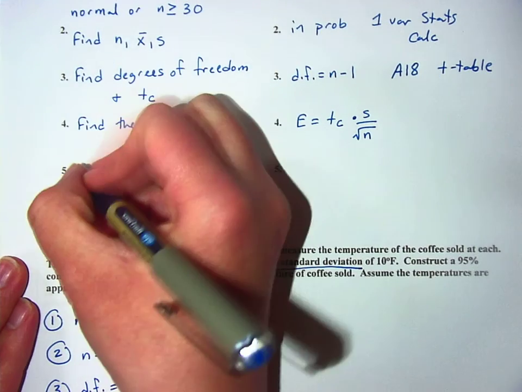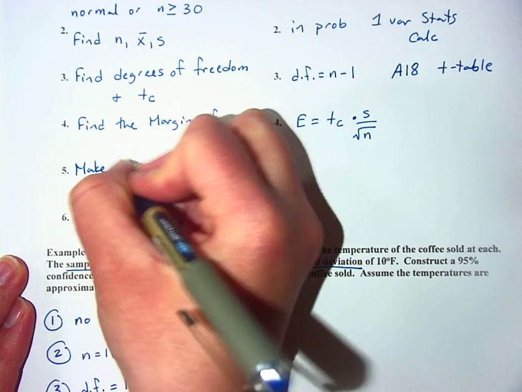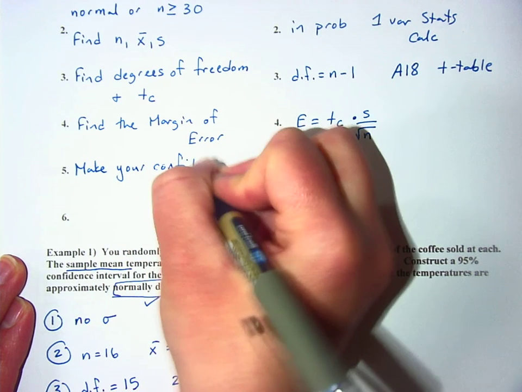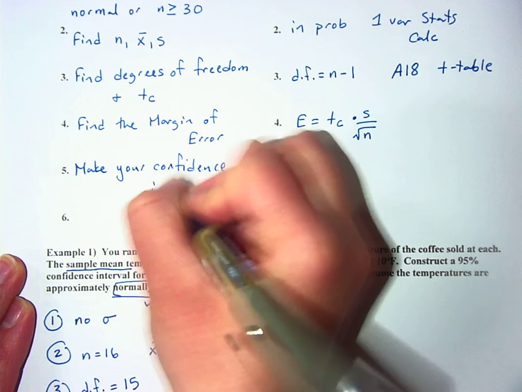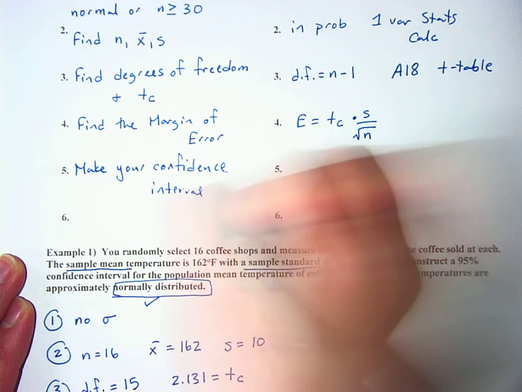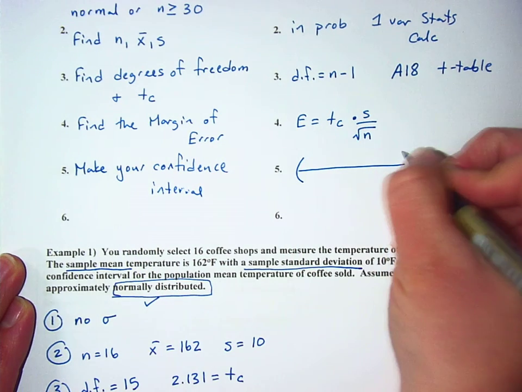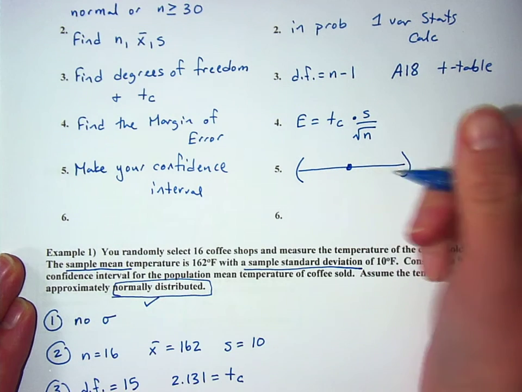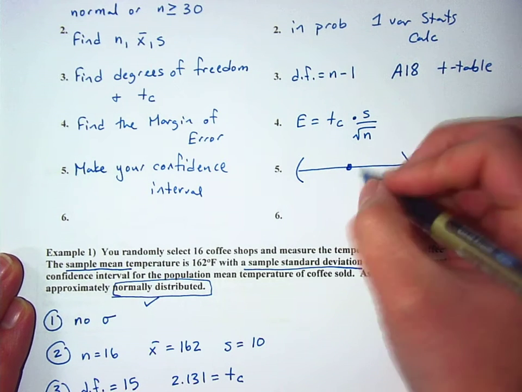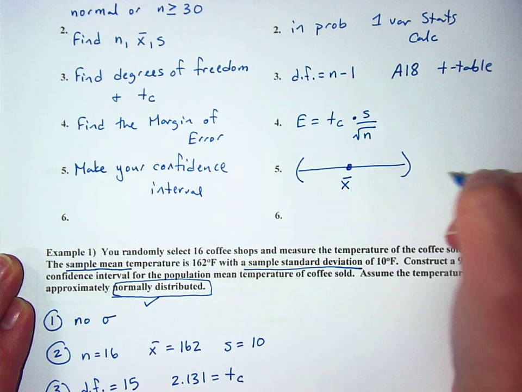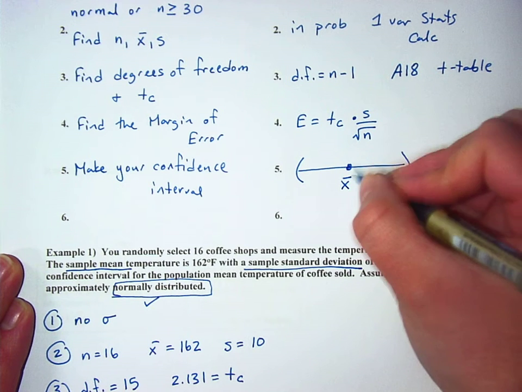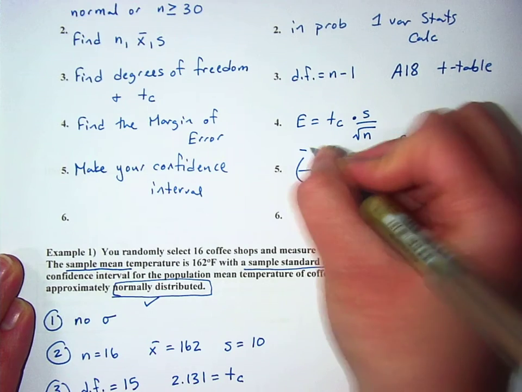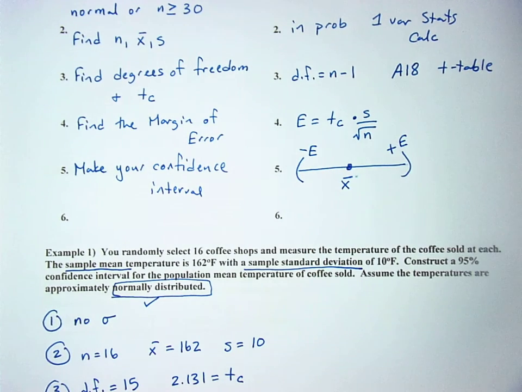Okay. Next, you've got to make your confidence interval. It's going to look like a TIE fighter, like usual. X bar goes in the middle, and then you add the error on this side and subtract the error on that side from your X bar.